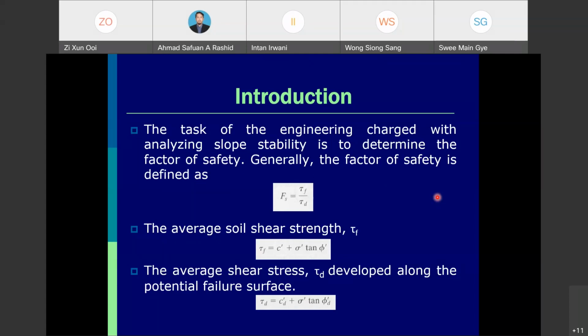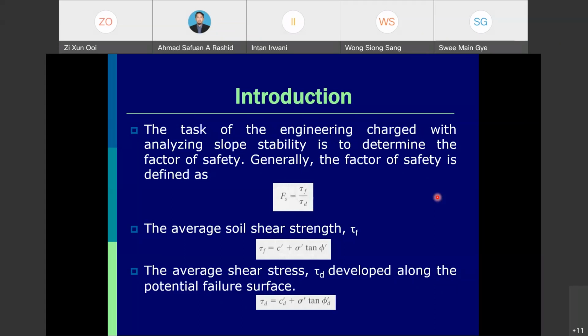This is based on the effective stress concept. The average shear stress tau D developed along the potential failure surface can also be expressed using the same Mohr-Coulomb approach.